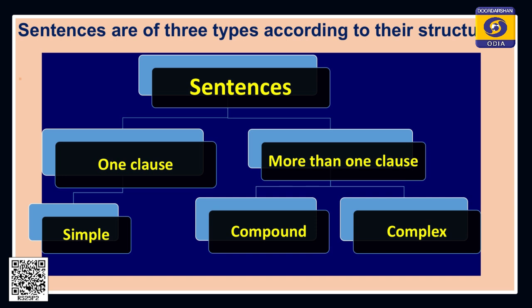We have 2 types: one clause, the simple sentence, and more than one clause, which has 2 types, compound and complex. Under compound sentences, the clauses are independent clauses and the first clause is a main clause. In the complex sentence, one is the main clause and the other clauses are called subordinate clauses.